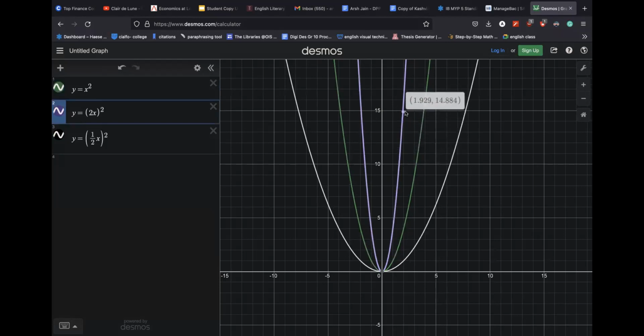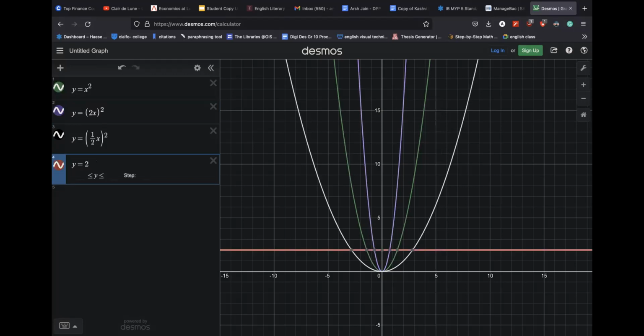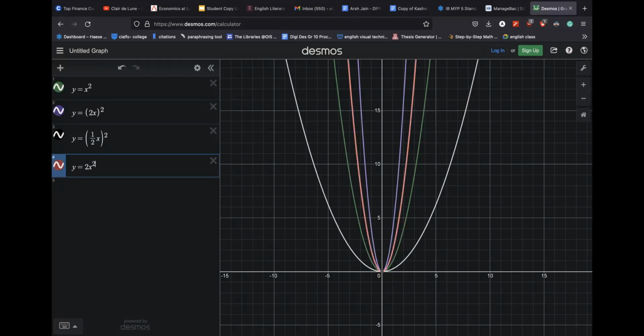Okay. All right. Just do (3x) square now. Instead of (2x) square, just write (3x) square. It'll go even thinner, right? Three x, (3x) square. Yeah.